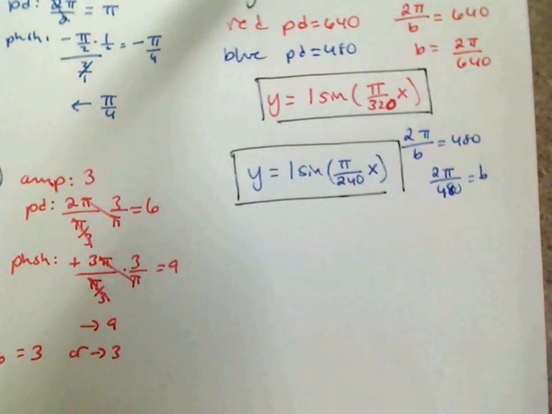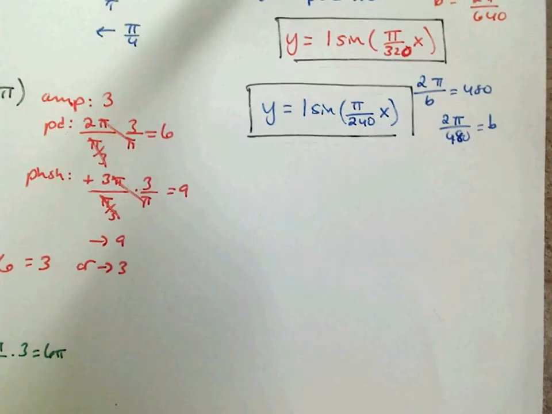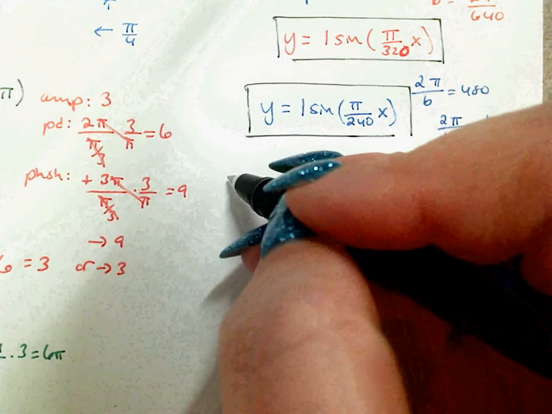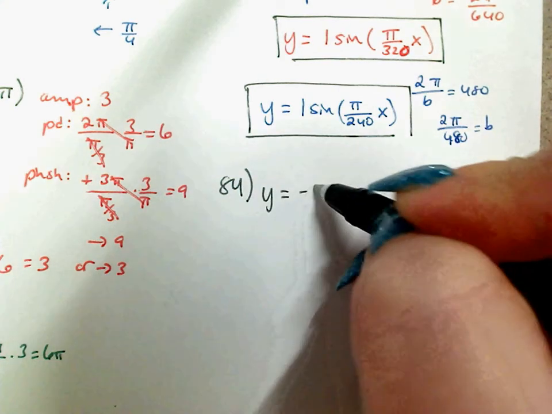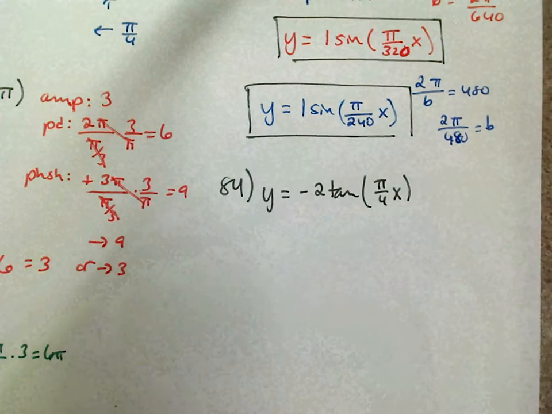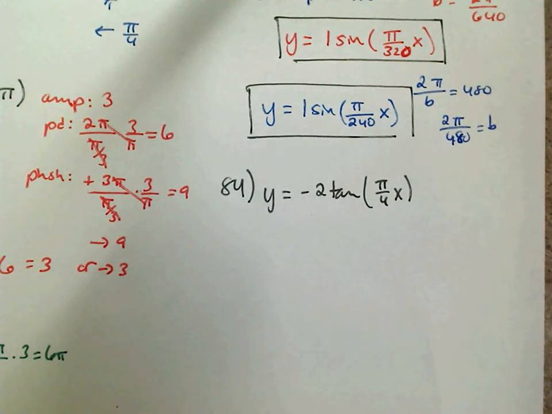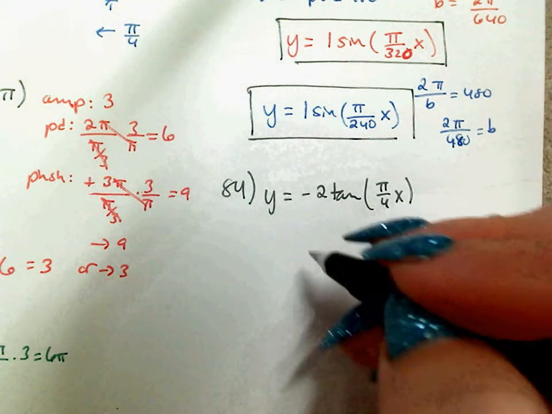Alright, what else is the next number? 84. So 84 is graph 2 full periods of the given tangent or cotangent. Y equals negative 2 tan of pi over 4x. Okay, graph 2 periods.